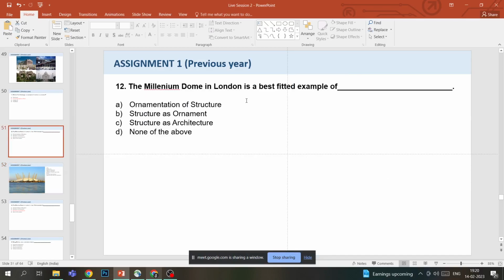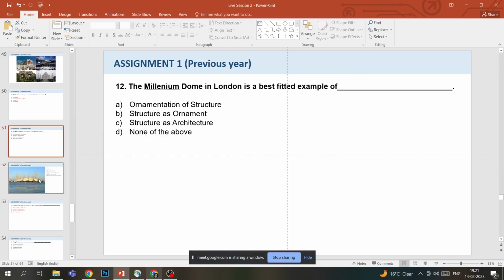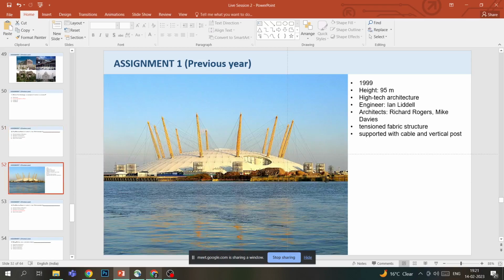The question was, what is the best fitted example: ornamentation of structure, structure as ornament, structure as architecture, or none of the above? When you look at this building, of course this is not ornamentation on structure. This is also not structure as ornament. It is rather structure as architecture, because the entire building is a tension fabric structure.